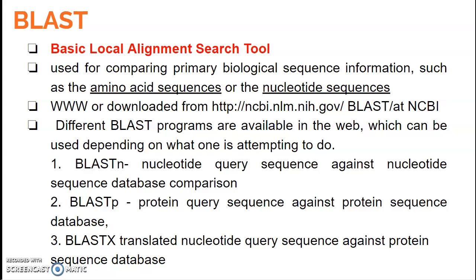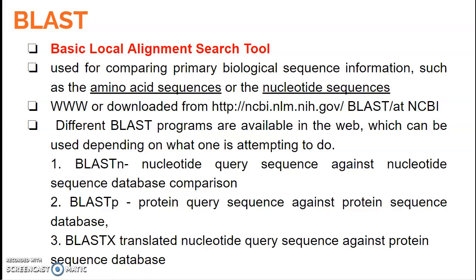Just imagine I have a DNA sequence or a protein sequence, and I want to find its link with the already present sequences in the database. There are so many programs, depending on whether it is a nucleotide sequence or a protein sequence, and what my purpose is.